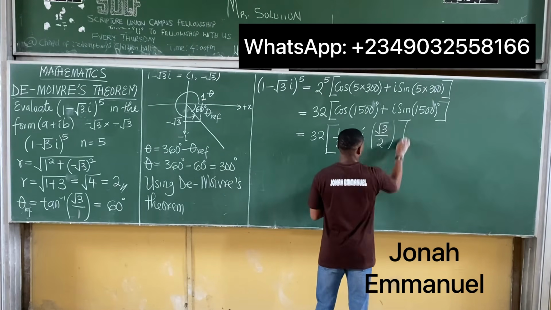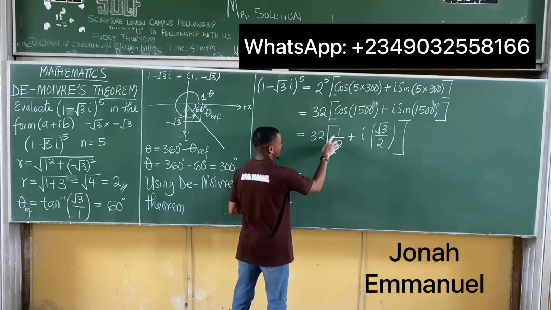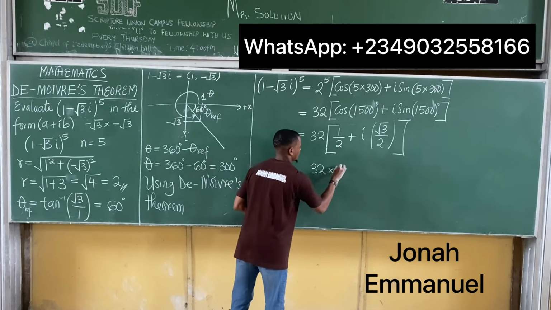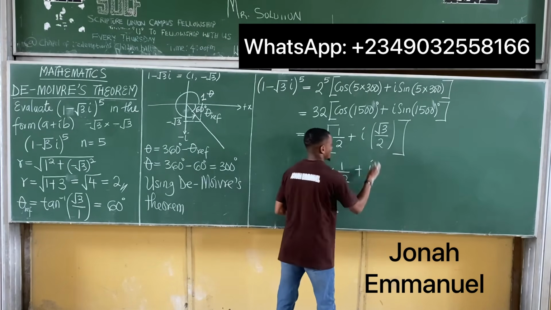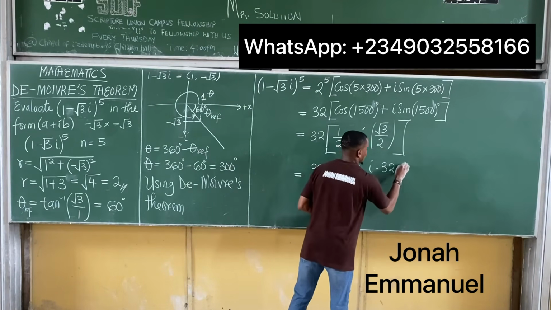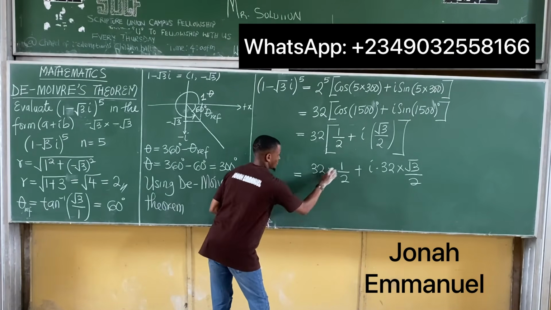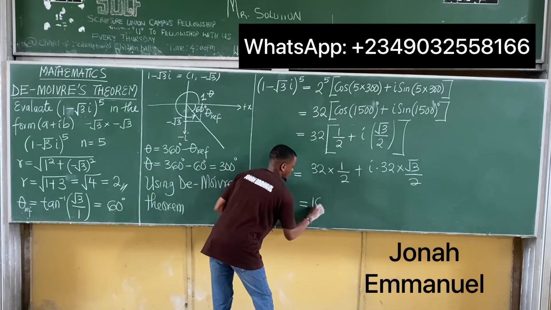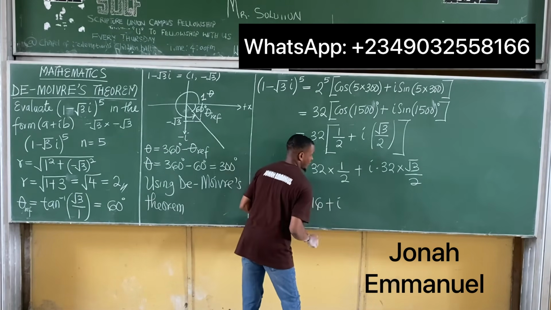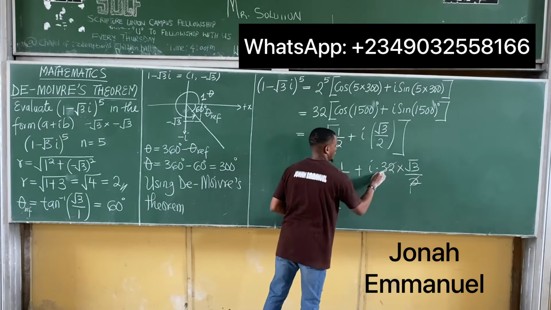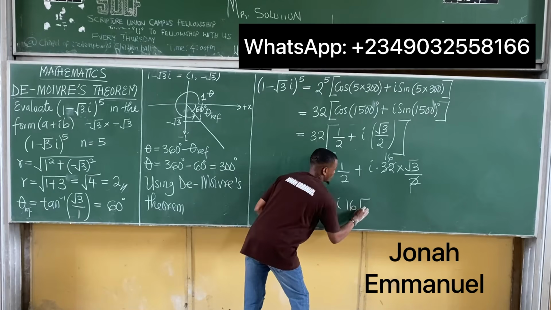So what I say simplifying, this is equal to 32 times 1 over 2 plus i into 32 times root 3 over 2. 32 times 1 over 2 is 16 plus i into 16 times root 3, which is 16 root 3.